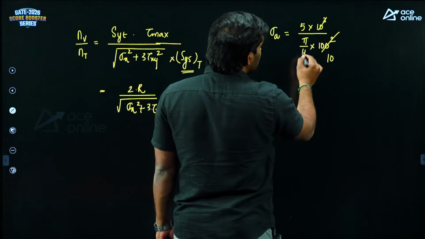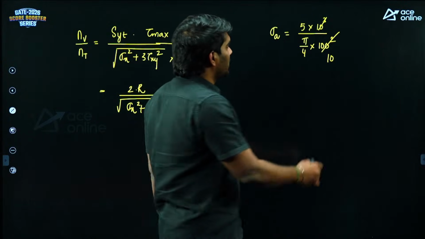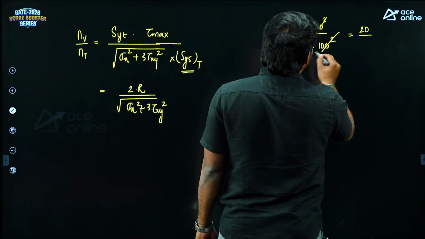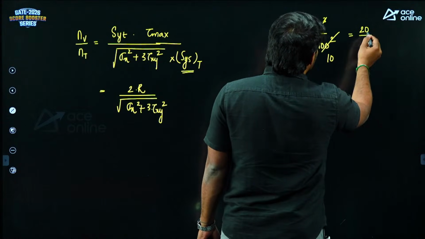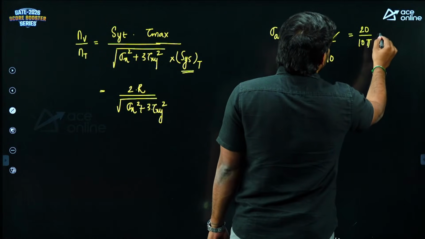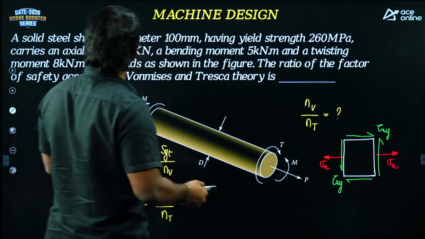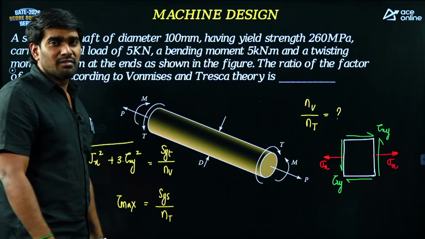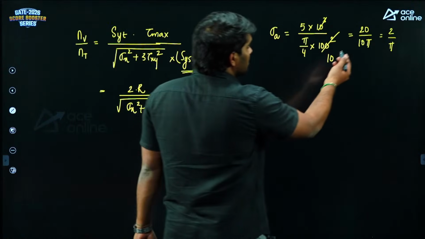When the 4 goes to the top, that becomes 20 divided by pi into 10, so the zeros cancel out and this becomes 2 by pi. We can notice that the axial load is very small, 2 kilonewtons on a 100 mm shaft, so this comes out as 2 by pi.